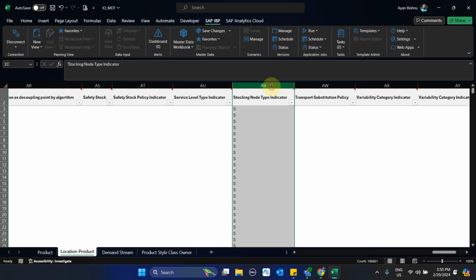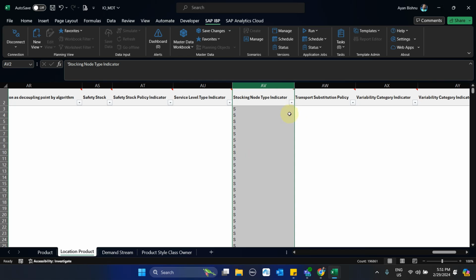If we look into this attribute, the stock node type, it can have a preferred value of S or N, where S means a particular product location combination is considered to be a safety stock planned location, and if it is maintained as S, inventory optimization based on demand and certain other criteria will recommend safety stock either in quantities or days.